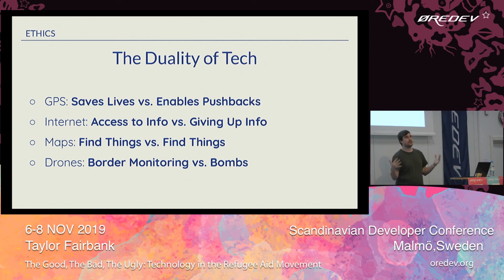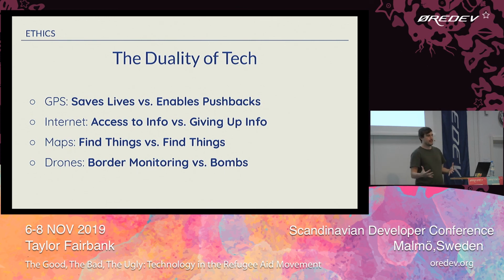So much access to so much amazing info, but you also give up info with every website you visit, and some of that can be potentially dangerous. Maps are a great example. They let you find things, but they also let you find things that not everything wants to be found. And drones are a more extreme example, used in border monitoring or just for fun, flying them around the park. They also drop bombs.